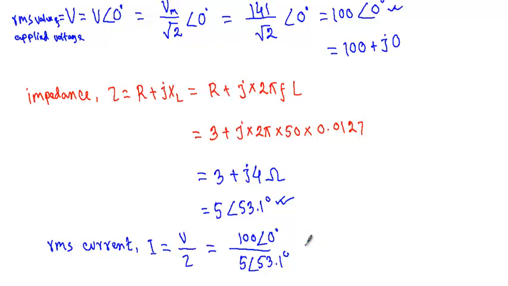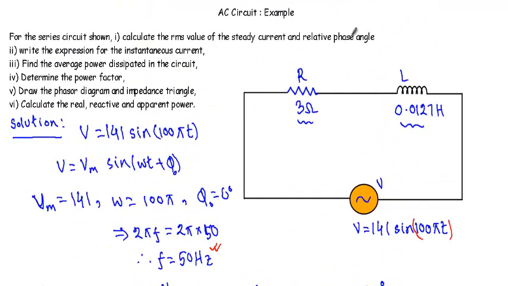Therefore the current I will be 20, phase angle minus 53.1 degree. This is the RMS value of the steady current.